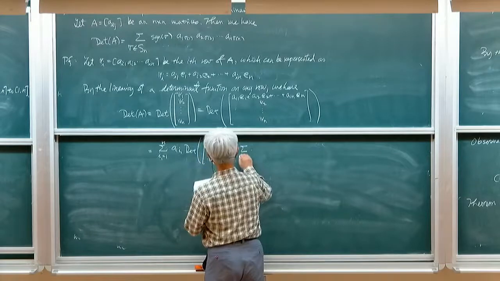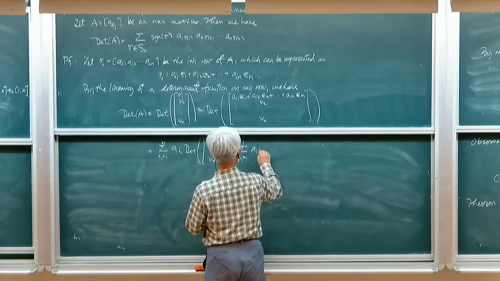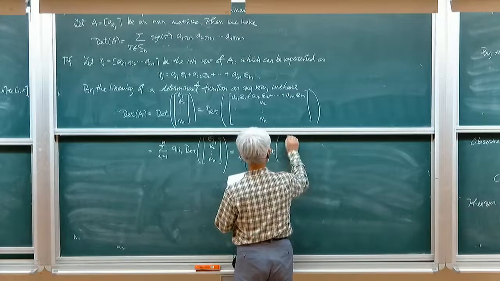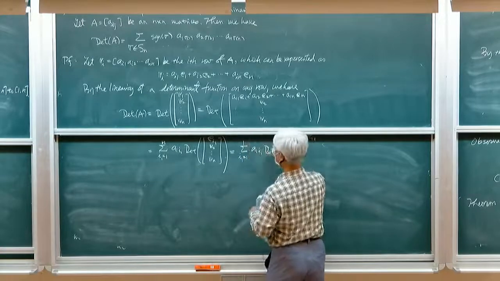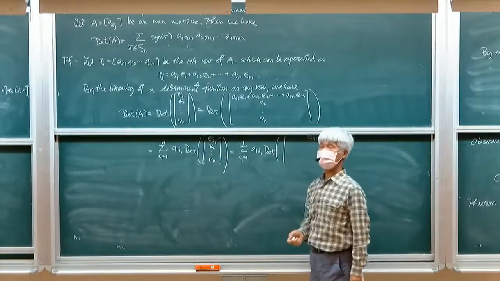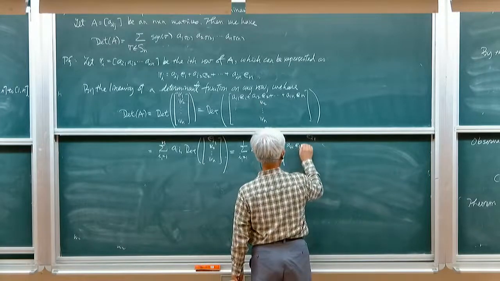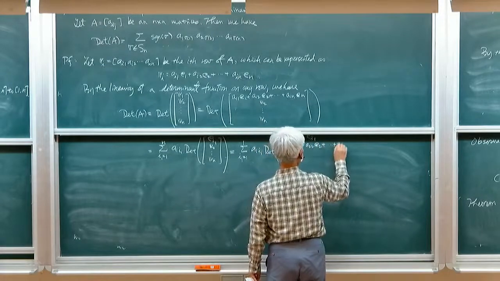And again, for i1 from 1 to n, a1,i1 and the determinant of e,i1, but now we express the second row by a linear combination of the standard unit row vectors.